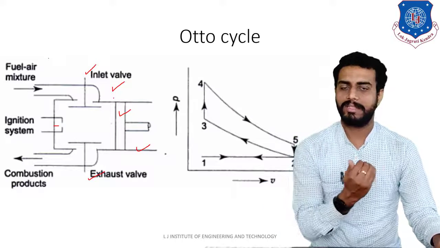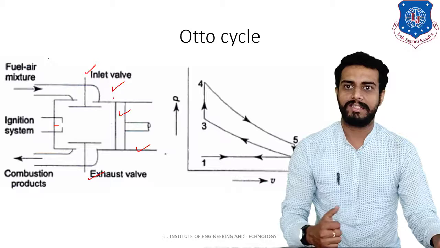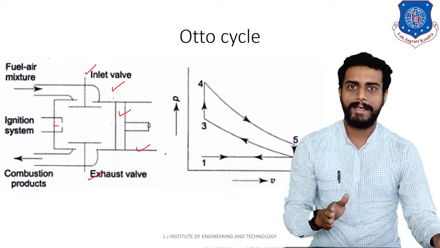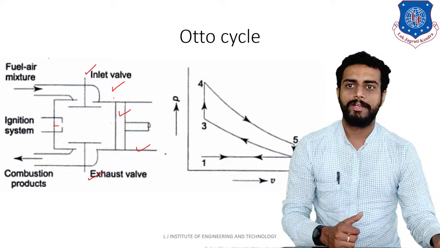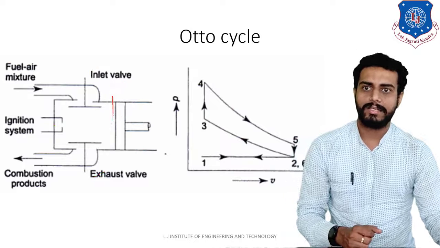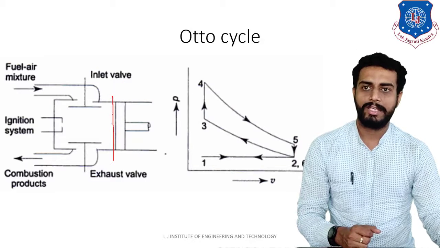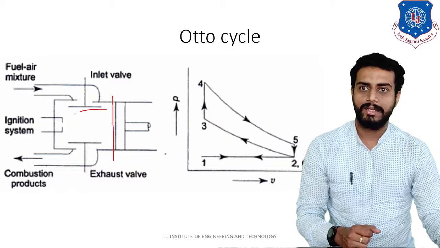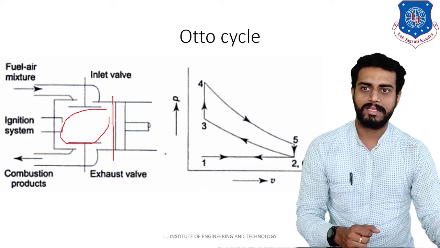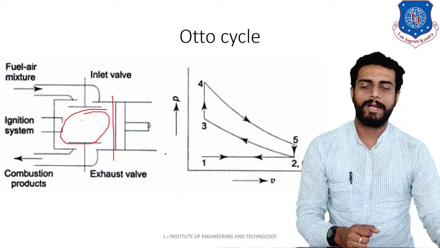Here a horizontal piston cylinder arrangement is shown, that is why it is inner dead center. If a vertical arrangement were there, then it would represent the top dead center. So let us say this is the initial position, point number 1, where we have the piston at inner dead center. This much space is vacant and not occupied by the piston.